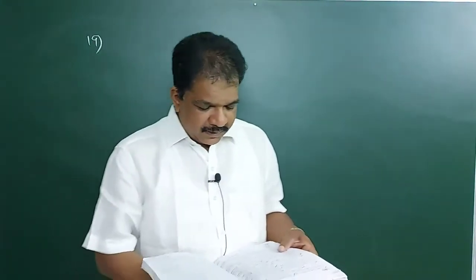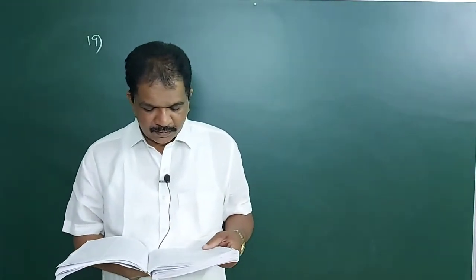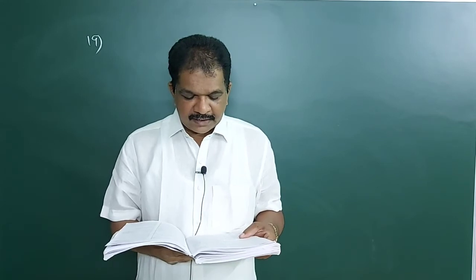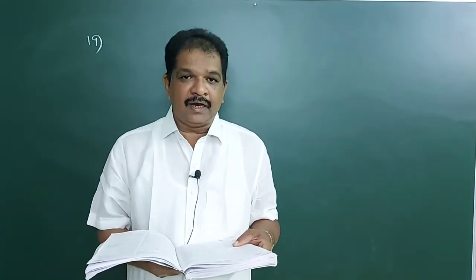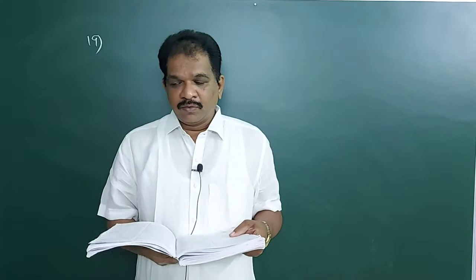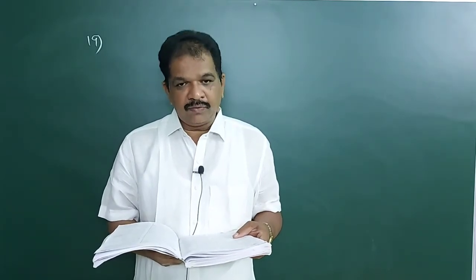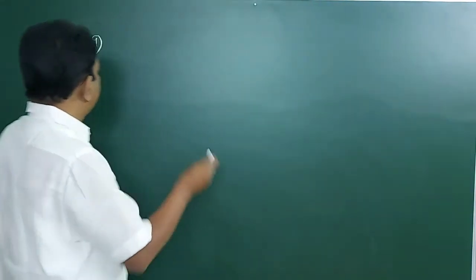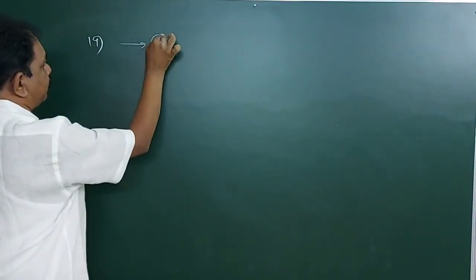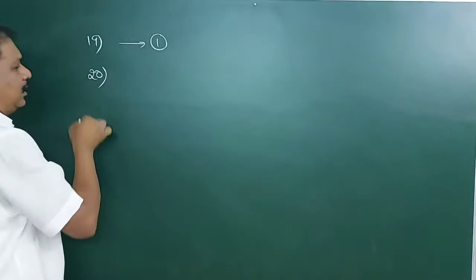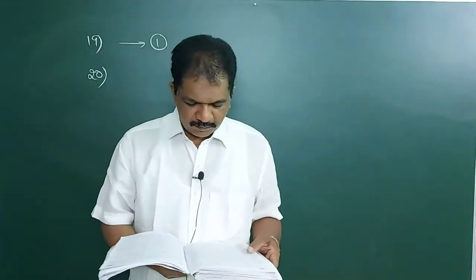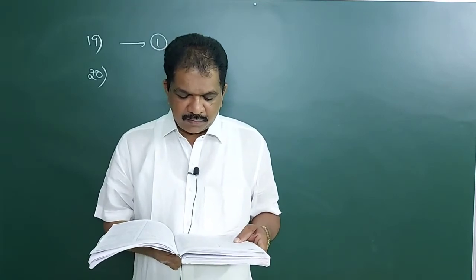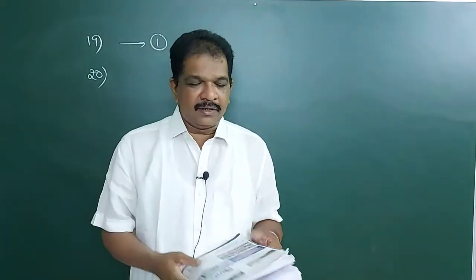Next, 19. What they are asking, see, the scientist who is credited with the discovery of nucleus in an atom is Rutherford. Rutherford discovered the nucleus. Okay, 19th, it will be first option. Next, 20. The total energy of an electron revolving in the second orbit.